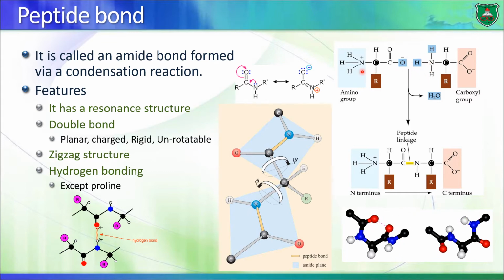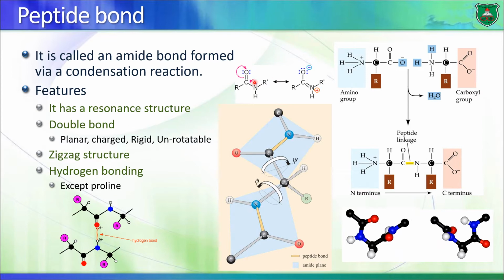Now, there are certain features of peptide bonds. One of them is that it has a resonance structure, meaning you have two structures right here. Normally you have this carbonyl group, C double bond O. Now you can have these two electrons within the double bond moving onto the oxygen, and that results in the formation of a double bond between the carbon and nitrogen.